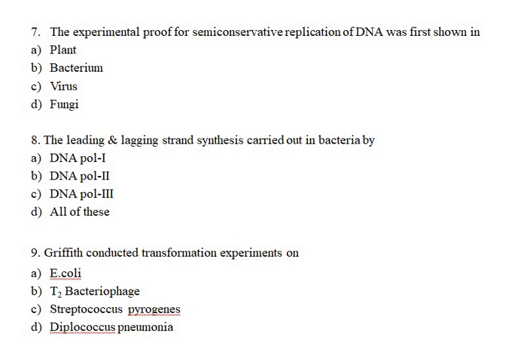The leading and lagging strand synthesis is carried out in bacteria by option A, DNA polymerase 1, option B, DNA polymerase 2, option C, DNA polymerase 3, option D, all of these. There are mainly 3 different types of DNA polymerases in prokaryotic DNA replication.